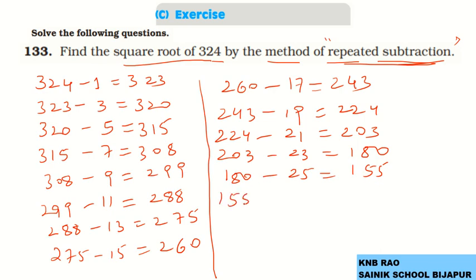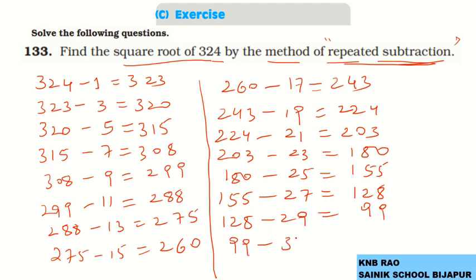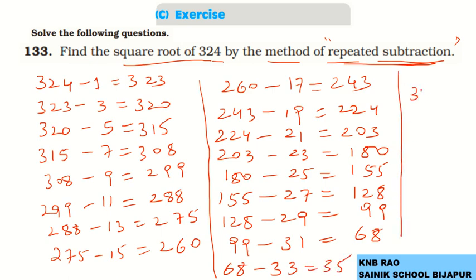From 155 subtract 27, it results in 128. From 128 subtract 29, it gives 99. From 99 subtract 31, it gives 68. From 68 subtract 33, it gives 35. At last, from 35 if you subtract 35, it results in 0.